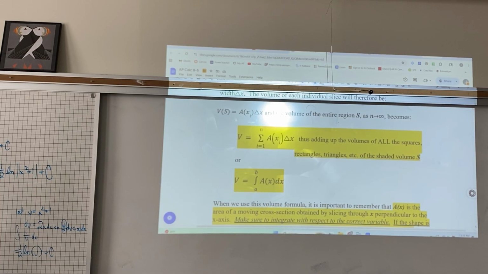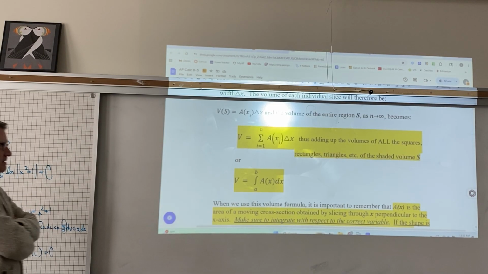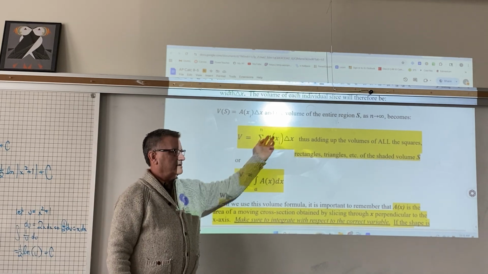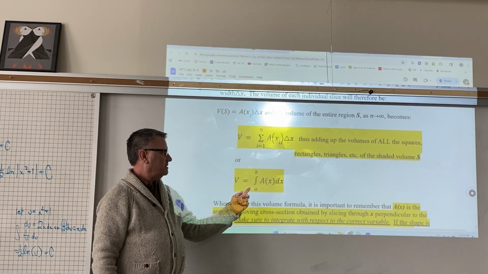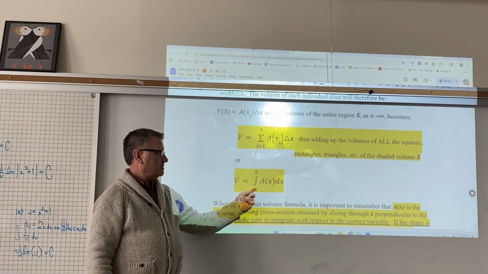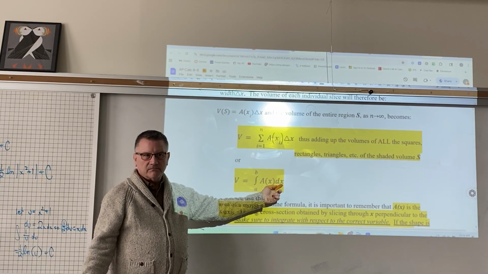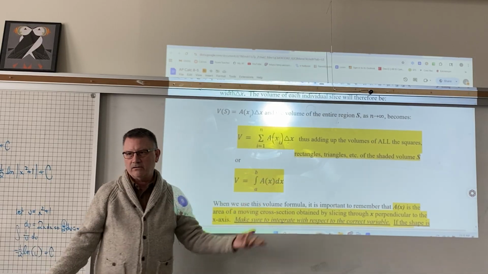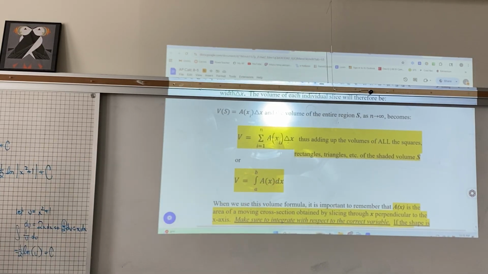So guys, guess what? In order to find the volume, take the integral of the area. If we add up an infinite number of whatever shapes I've got, 3-dimensional shapes, I can just take the integral of 3 dimensions. dx, the length, that becomes dx, and then I got the area for me. That's what I'm going to do.